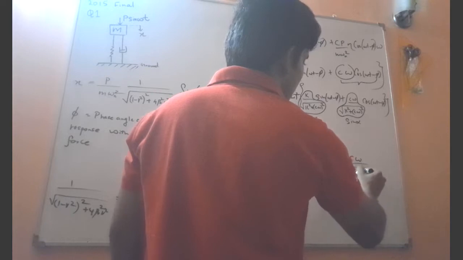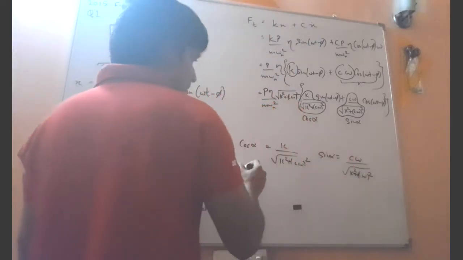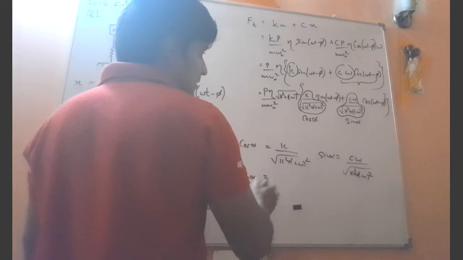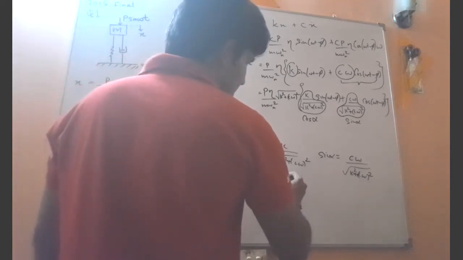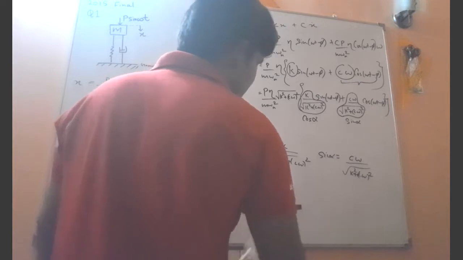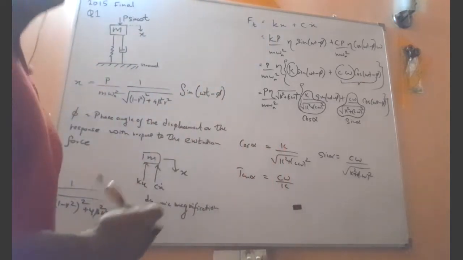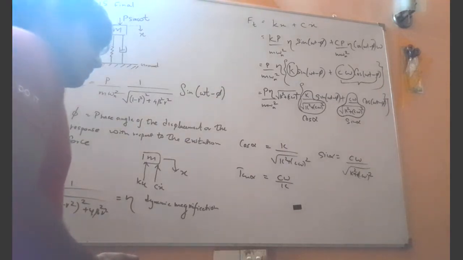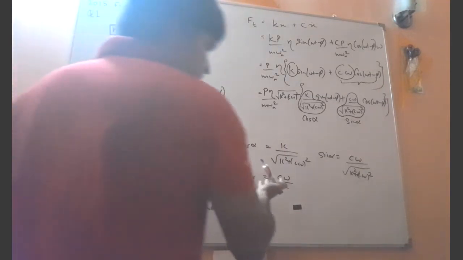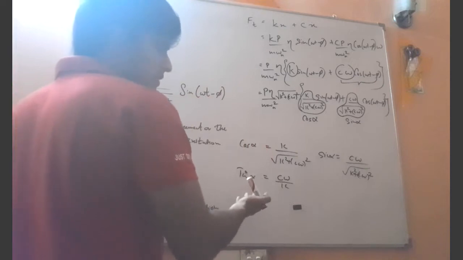So that means tan alpha equals c omega divided by k. So that is how you define tan alpha.